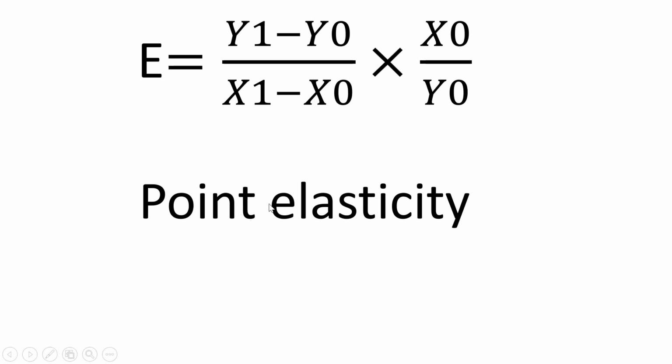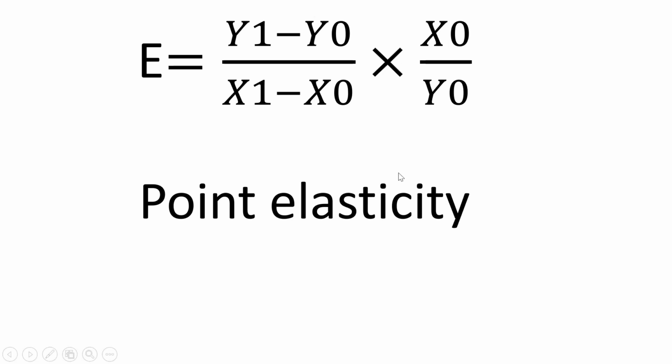The issue is this. When we are using the point elasticity formula, we are expressing the percentage change in the variable in relation to the old value and the percentage change in the determinant in relation to its old value.